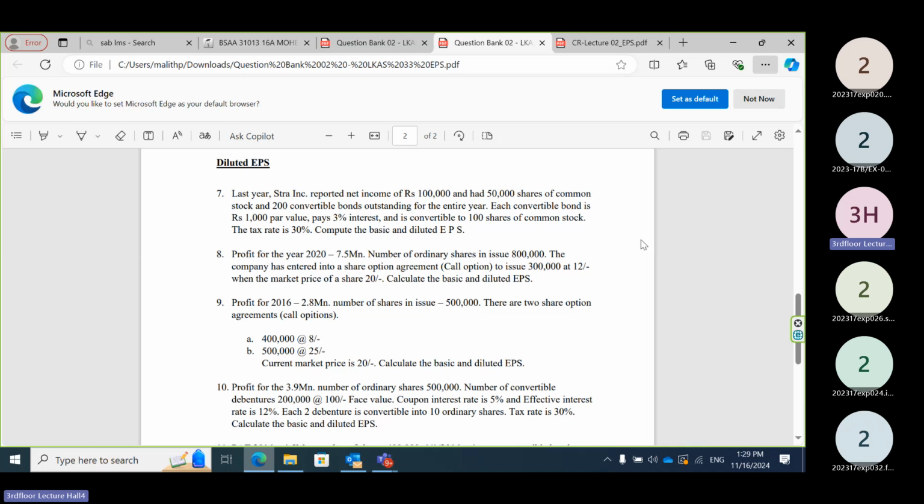Accrual basis, right? If there's a provision, we need to make the provision. If there's unrealized gain, are you going to recognise it? No. Unrealized gain, we are going to other items. If there's an unrealized loss, immediately they are going to P&L. Conservative basis, right?